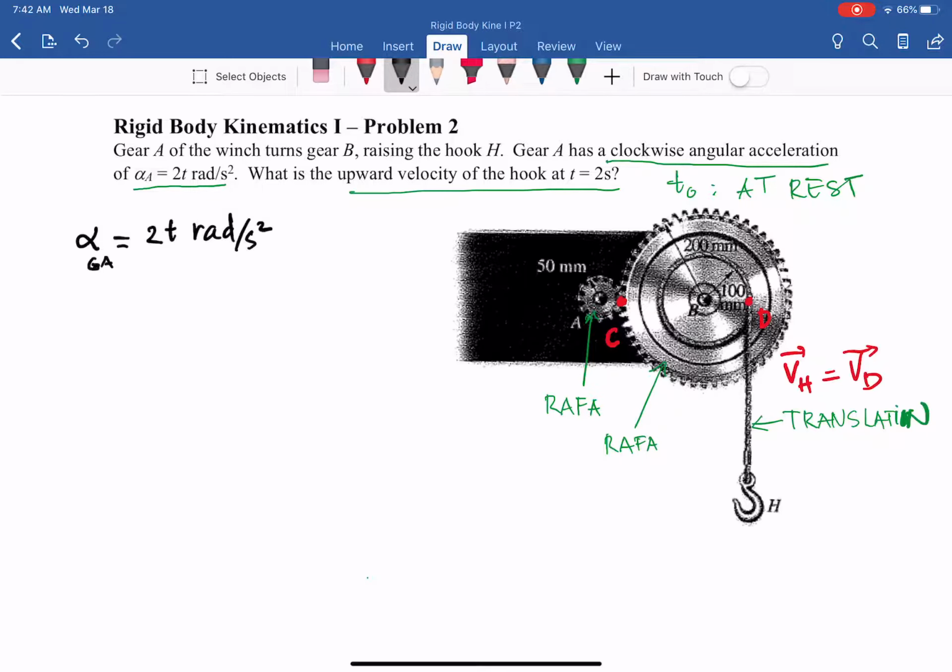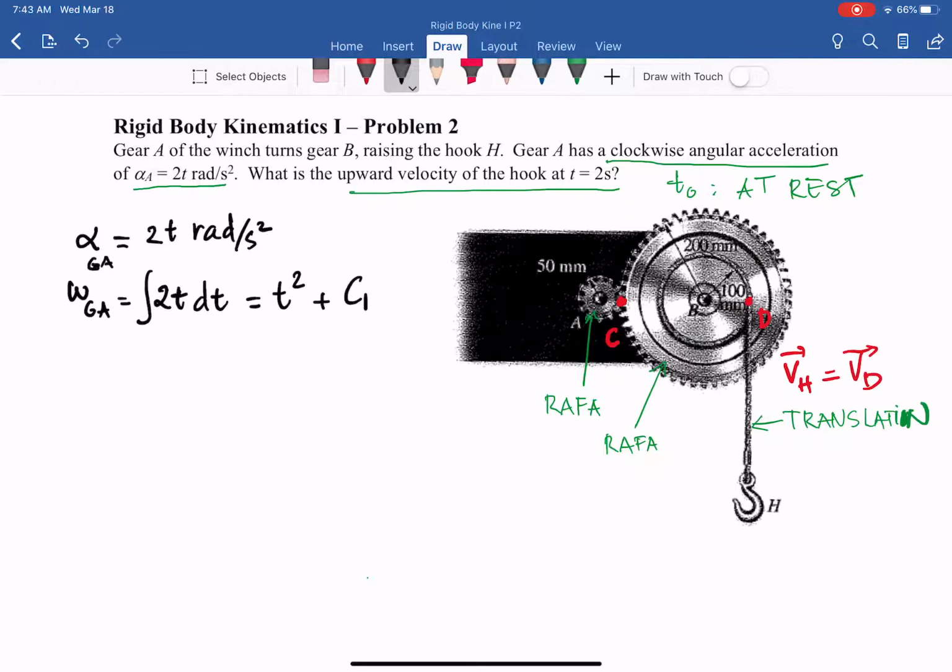Before we go to the step of finding the point properties, we need to find omega first, to complete what they already give us. So we have omega of gear A equal to the integral of alpha dt, the integral of 2t dt, and that equals t squared plus C1.